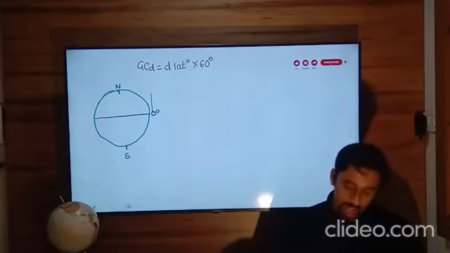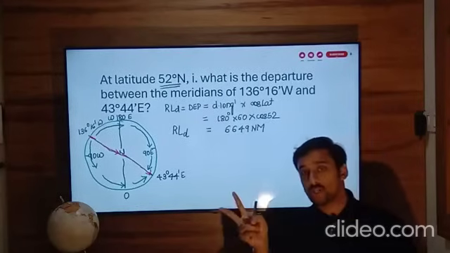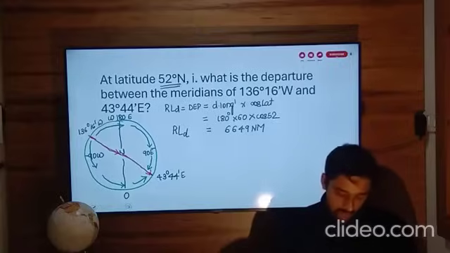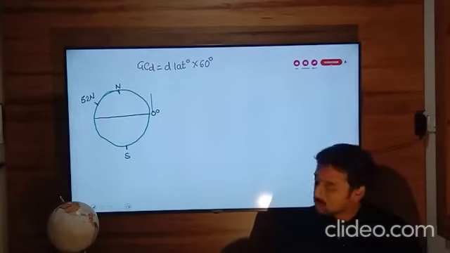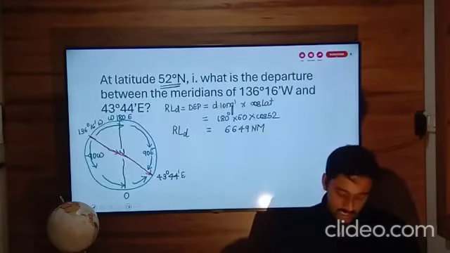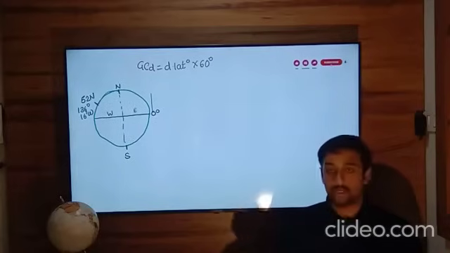Now we have one latitude at 52 degree north. Both positions are at the same latitude, 52, 52. So 52 degree north, one longitude is 136 degrees 16 minutes west. Let's say this is your western hemisphere, this is your eastern hemisphere.